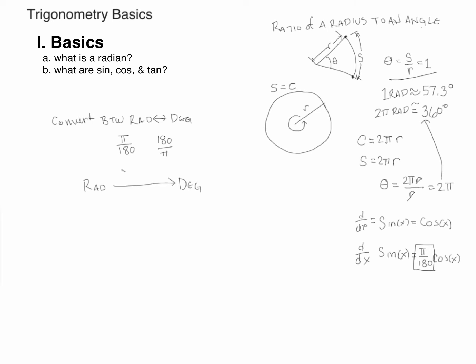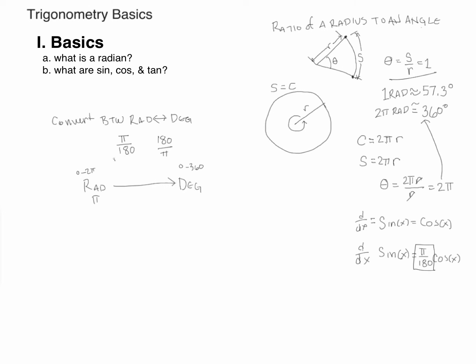Okay. Now radians usually only go from 0 to 2 pi, whereas degrees go from 0 to 360. So think about this for a second. If you have some value in radians, say we have pi radians, how much would that be in degrees? Which one of these two do we use?